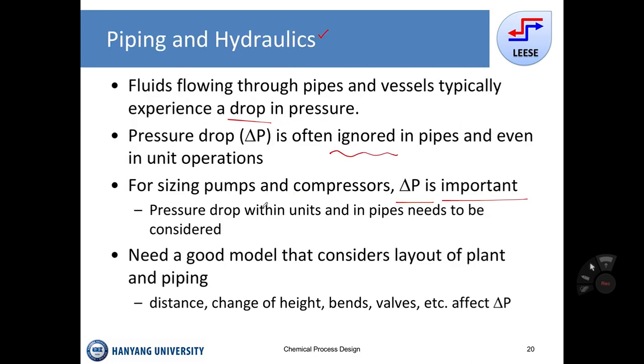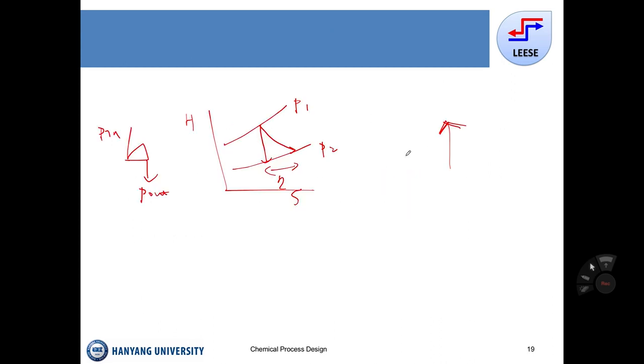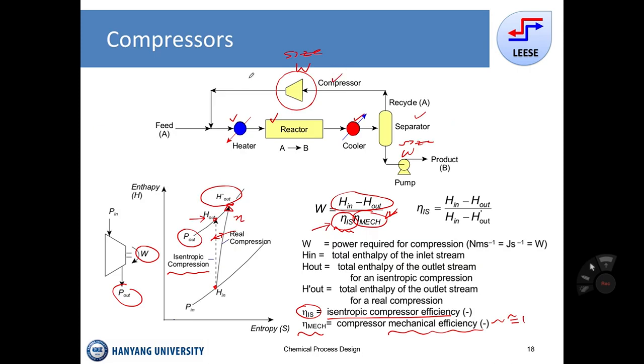So in terms of finding out the pump sizing and the compressor sizing, we have to check the pressure drop. So how do you know the pressure increase from here to here? That is related to the pressure drop from the heater, reactor, cooler, and the separator, because we need to recover the pressure in order to be processed by the reactor.